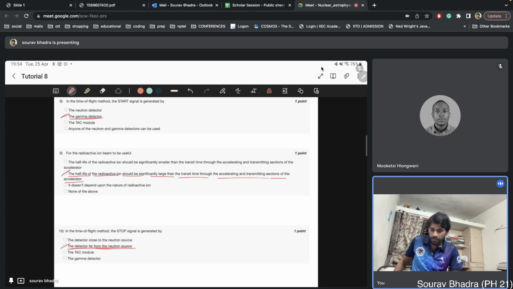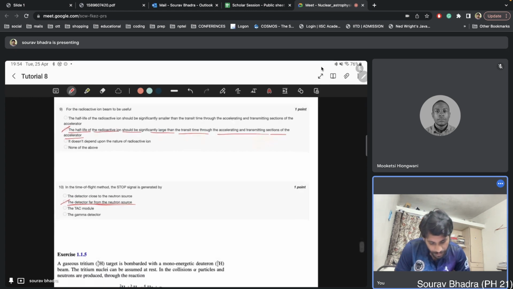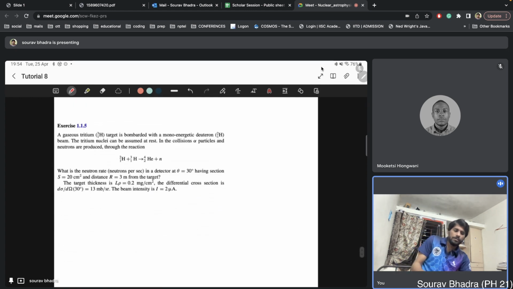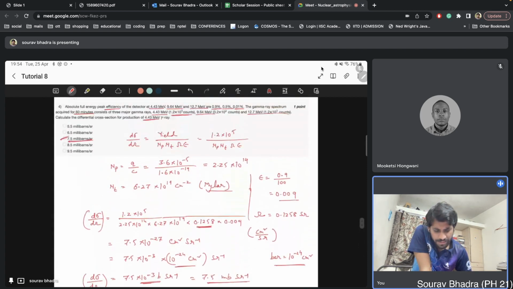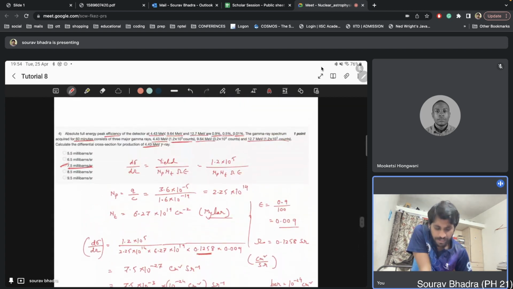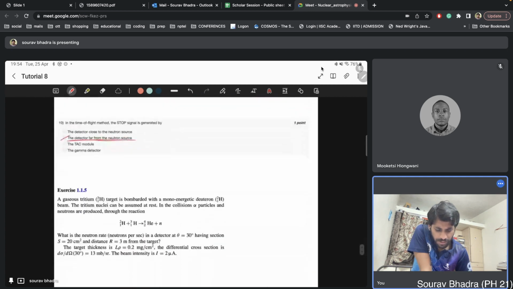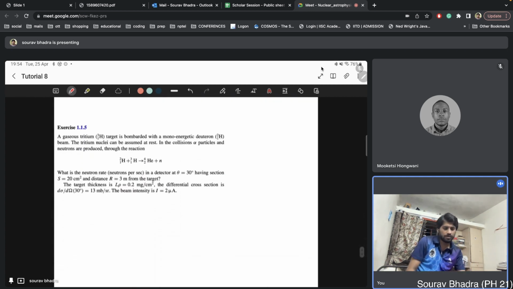Now just one more thing. This is another problem related to the detector, and it is more or less related to this type of d sigma d omega calculation, but I have not covered it in the last class, so I will do it. It has been said that a gaseous tritium target is bombarded with monoenergetic deuterons, that means 1H2 is the bombarding element and 1H3 is the target element.